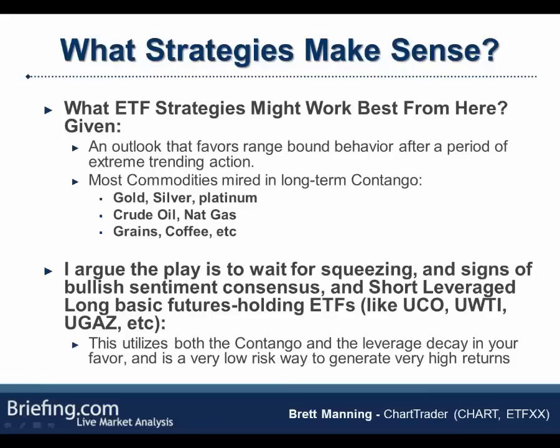From here, in this context, once you get that squeeze and you get that bullish sentiment consensus, then you start building up short positions in leveraged long ETFs while you see that contango in that curve. That's going to take advantage of the contango, use it in your direction. It's going to take advantage of the leverage, use it in your direction, and present an extremely low risk way to generate possibly enormous returns.